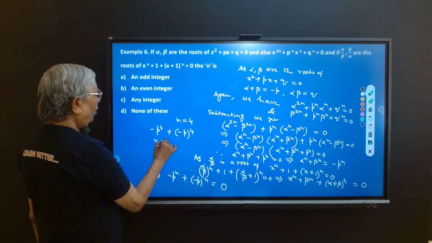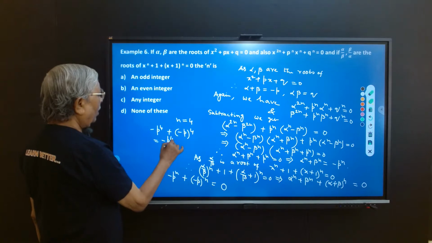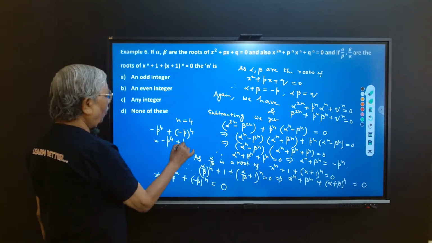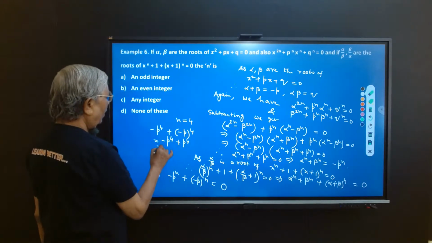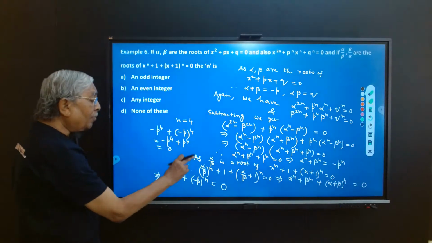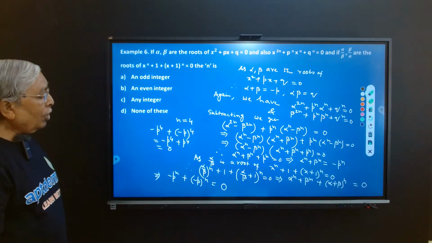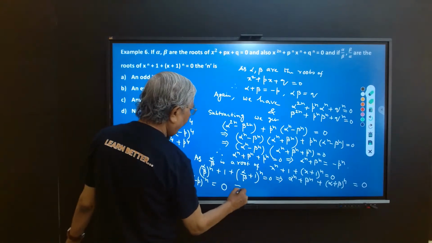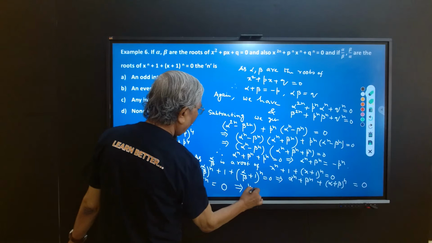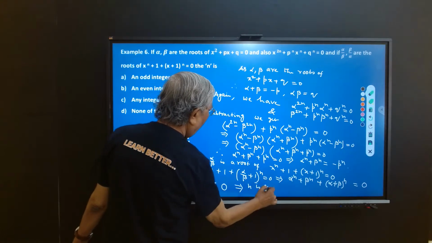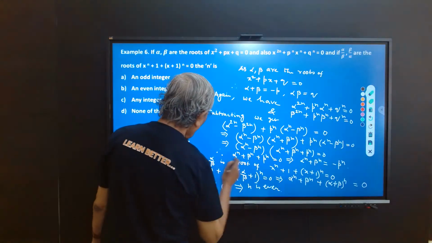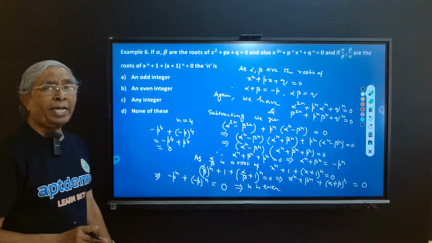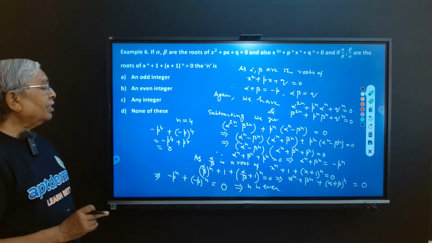This is equal to minus p to the power 4 plus p to the power 4. So the above relation is satisfied only when n is even. This will imply n is even.